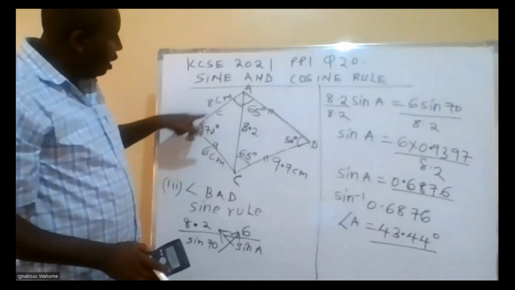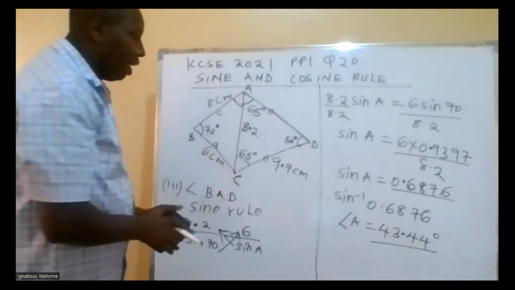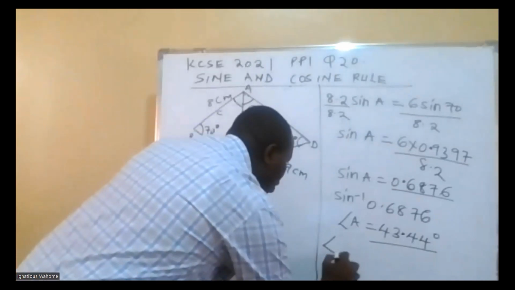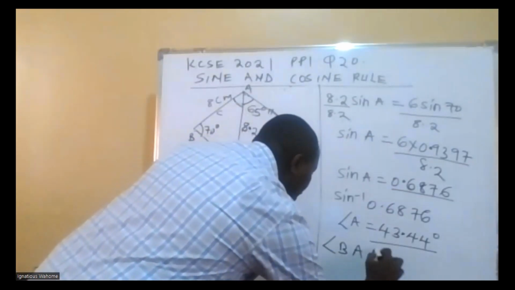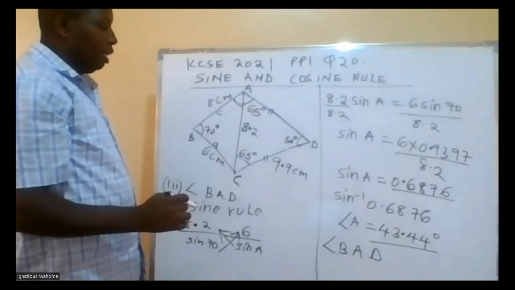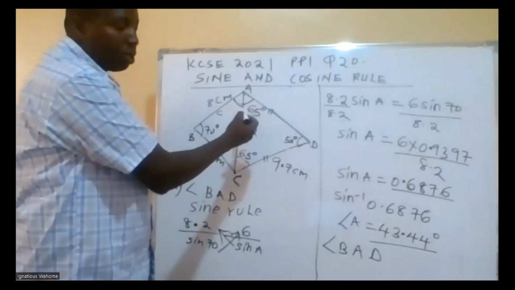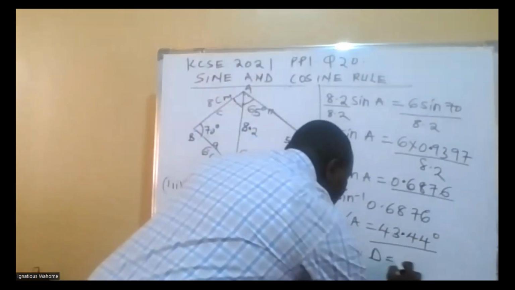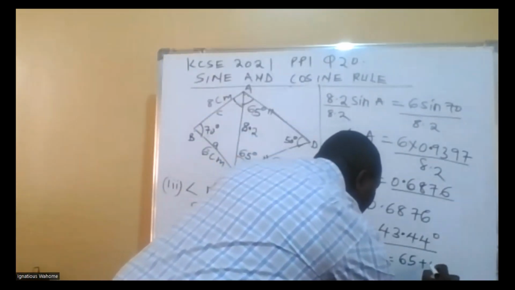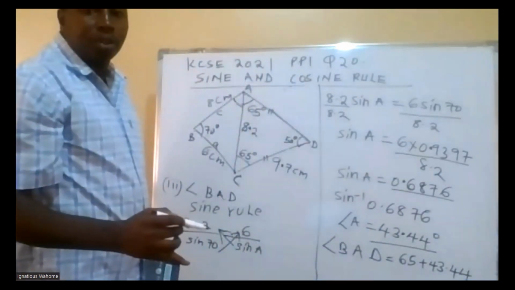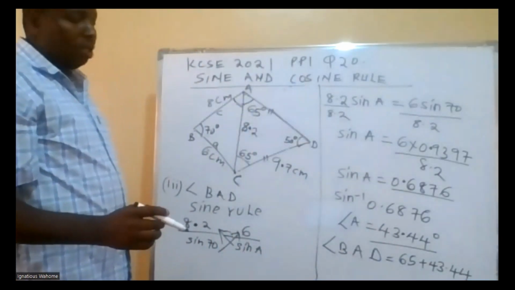This is angle BAC. But in our question, our examiner is asking us angle BAD. So it is 65 plus the angle that you have got there. Take your 65 plus 43.44.